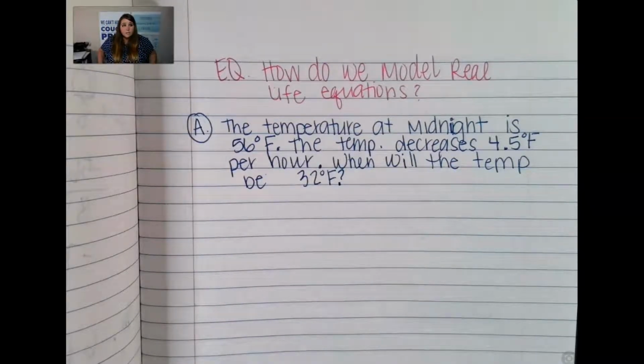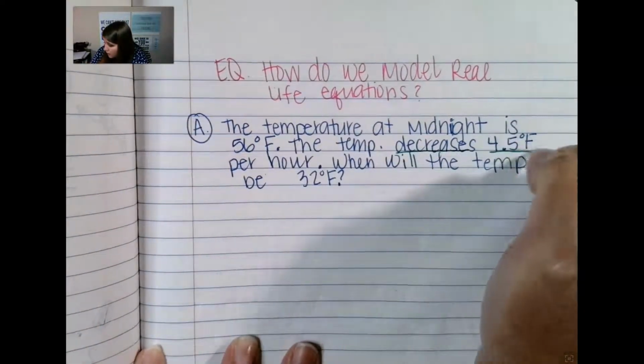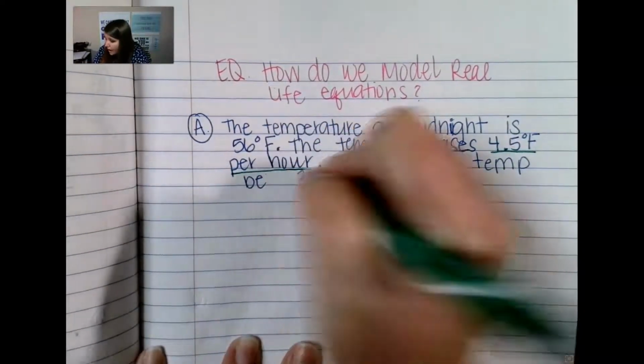Okay, so a couple things here that we need to look at. So our first idea is that we want to solve for the temperature. At midnight, it's 56 degrees Fahrenheit. The temperature decreases 4.5 degrees every hour. So we have some clue words here. It decreases 4.5 per hour.